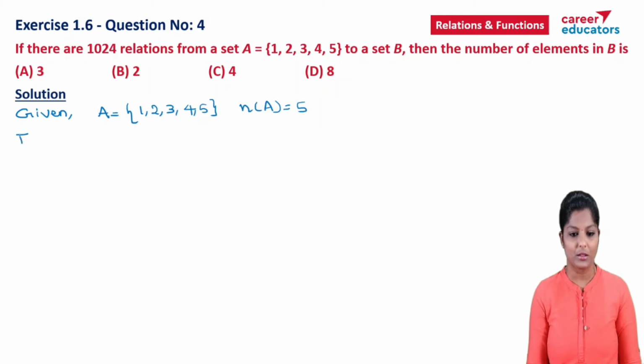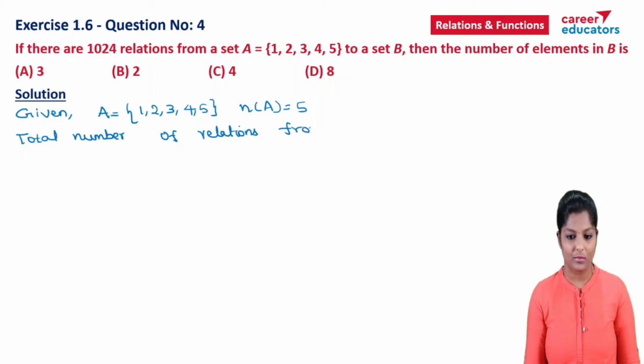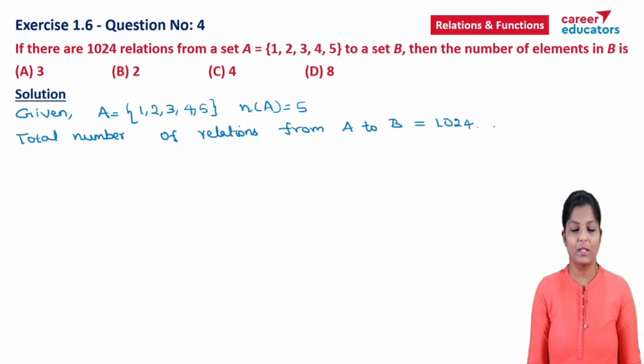Next, the total number of relations from A to B is given as 1024. To find the number of elements in B, we have to use the following statement.